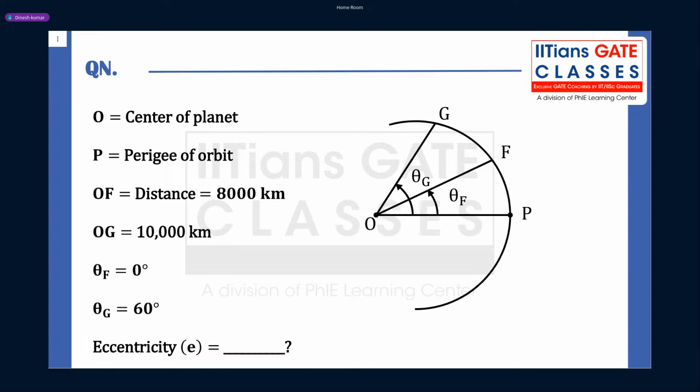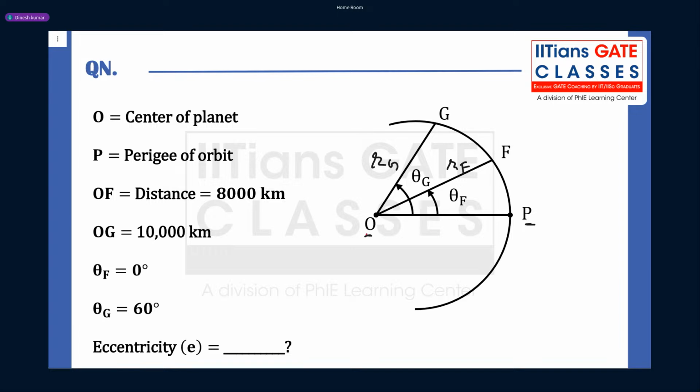They have given certain positions of that object, or you can say the radius vector. At point F they have given the radius vector RF, and they have given the radius vector at G. In this question you can see P is perigee and O is the center of attraction.